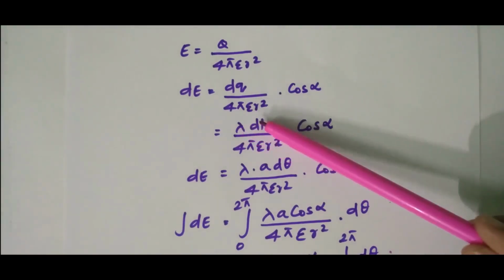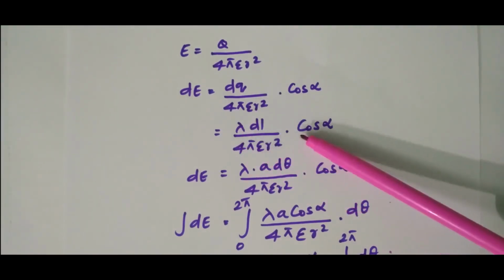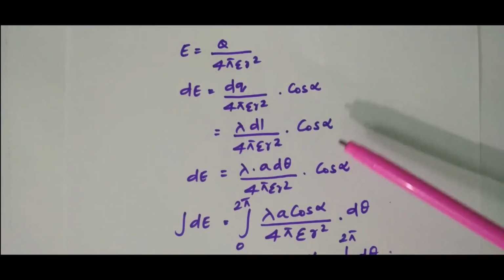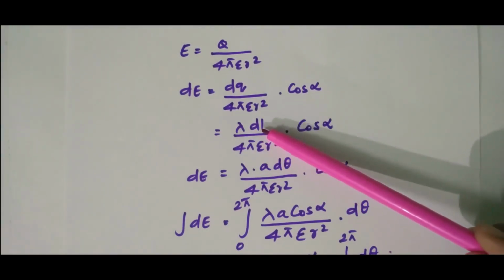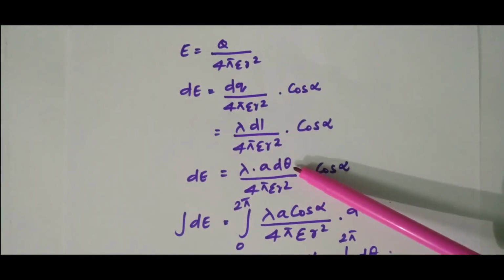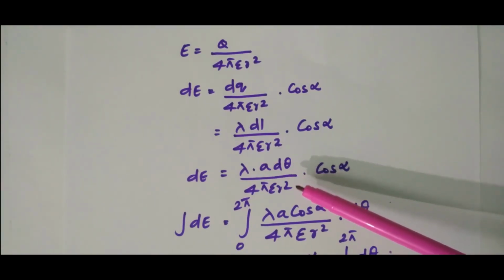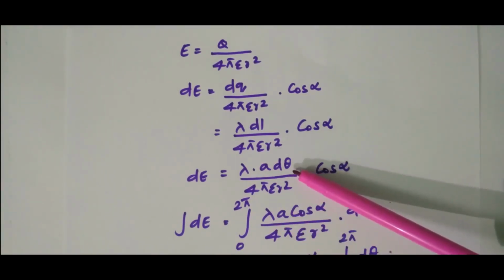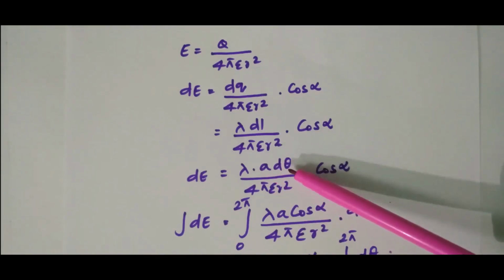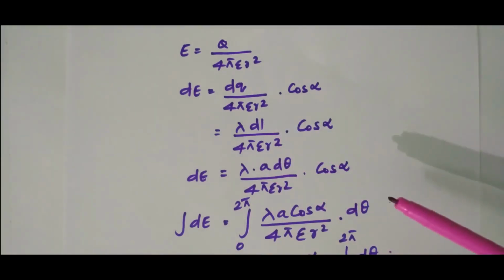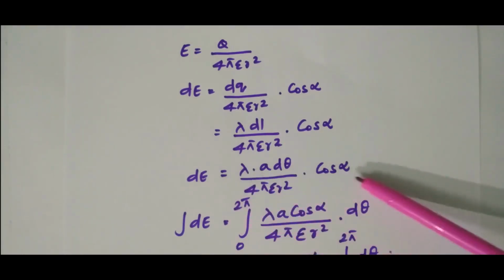So lambda dl divided by 4 pi epsilon r square into cos alpha. This dl is nothing but the circumference element, a into d theta, that is radius as well as theta. When the circle rotates, theta also varies, so dl can be replaced by a d theta. So this is only the small electric field.